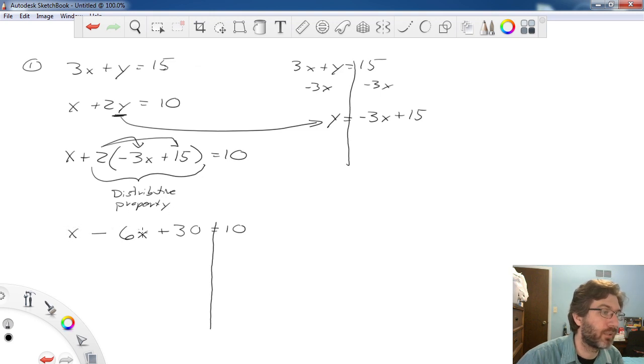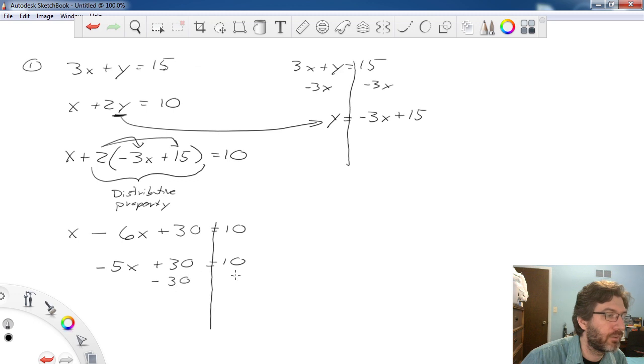Here we have x minus 6x. The x minus the 6x is going to give us negative 5x plus 30 equals 10. And then we're going to subtract 30 from both sides, because again, it's order of operations in reverse, so this was combining like terms.